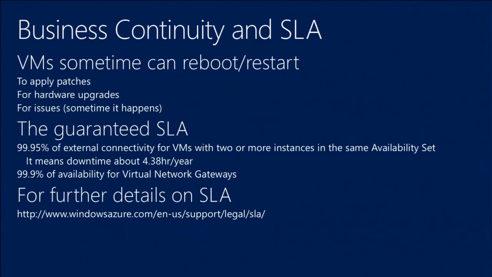In Windows Azure, Microsoft guarantees that you will have a service level agreement of 99.95% of external connectivity for your virtual machines, if you have at least 2 virtual machines, not 1, 2 virtual machines, in load balancing, within the same availability set, which is a topic I will explain in the next slide to make it more clear.